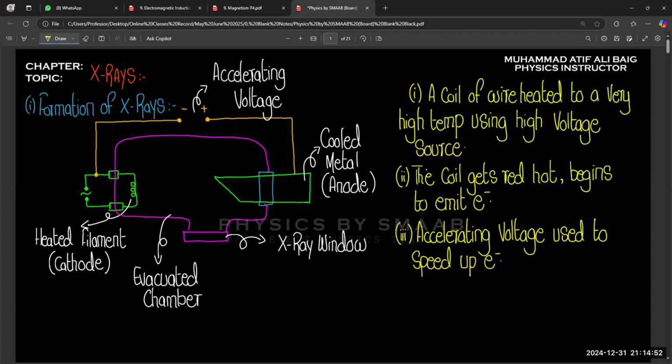Electrons are emitting from this filament, and they are going to strike this surface, and then it starts to reflect. And we are getting X-ray from this X-ray window. So this is the simple concept of X-ray, right? That is how it actually takes place.